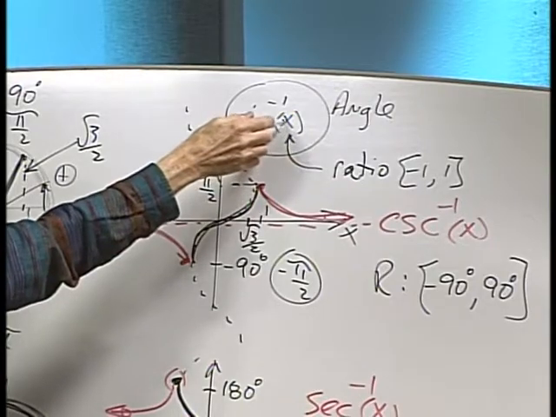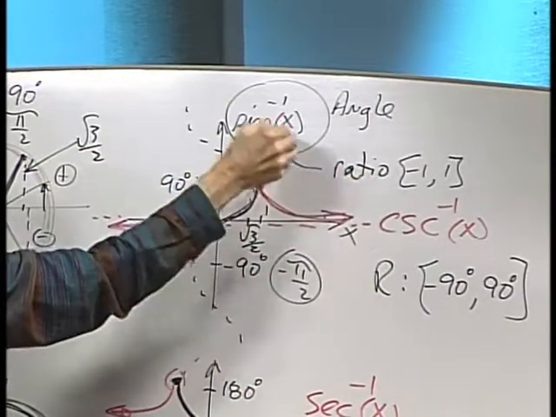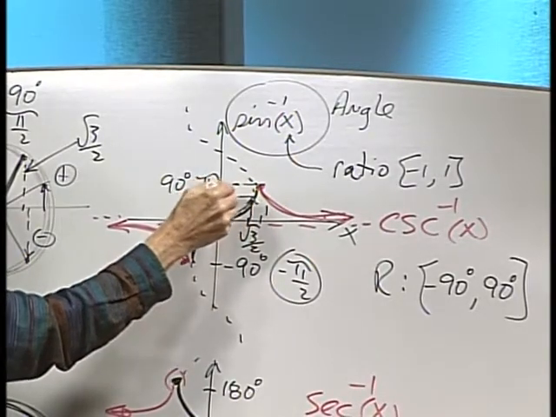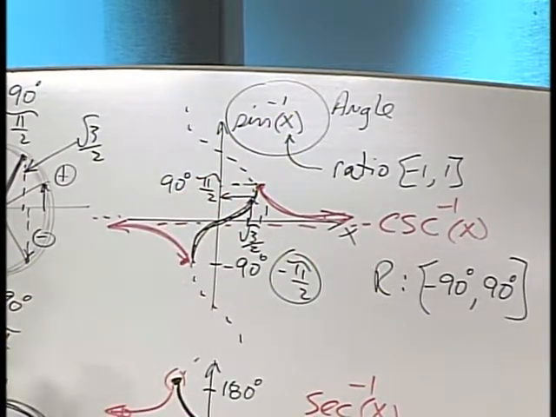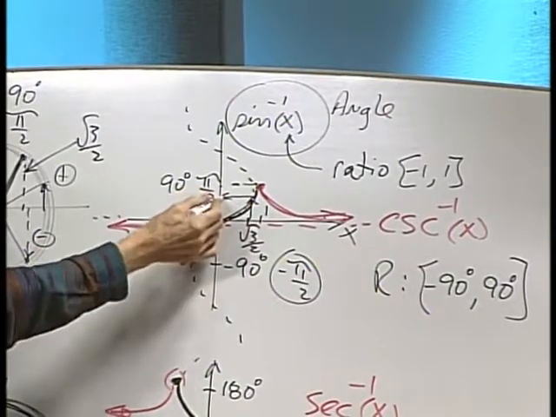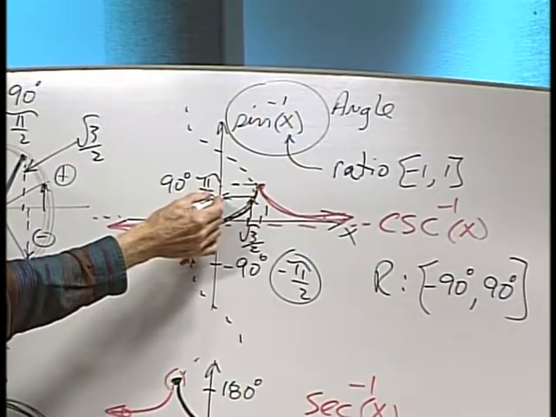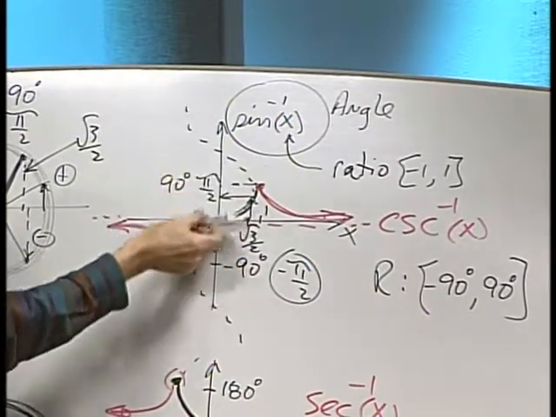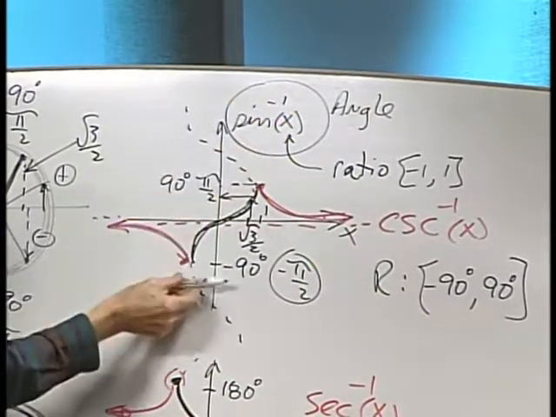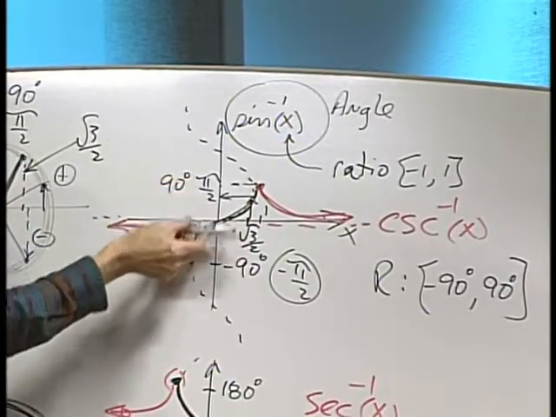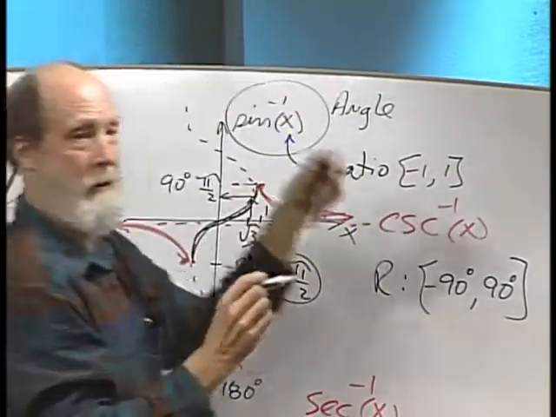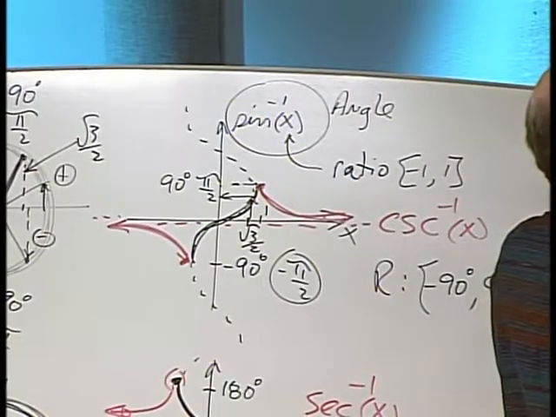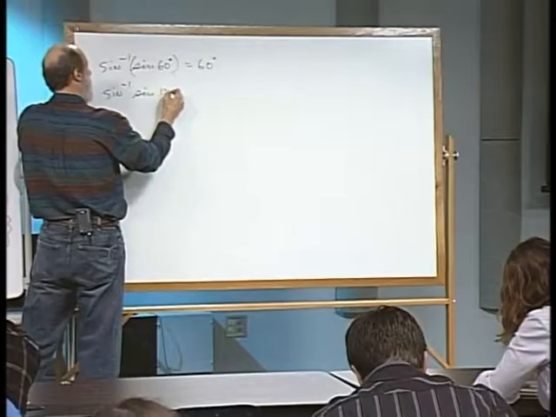You're putting in square root of 3 over 2 here, that ratio value, and then you're going to come up here and imagine what this angle is. Happens to be 60 degrees. Okay. Notice that 60 degrees is in the range of values on the inverse function here, from minus 90 to 90. What if you did the inverse sine of the sine of 120 degrees?